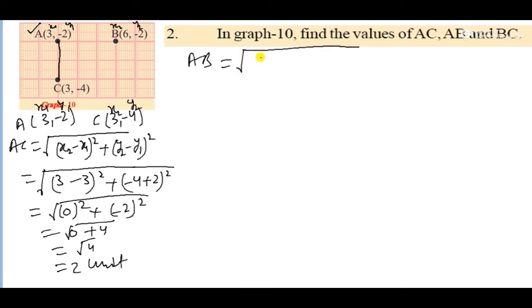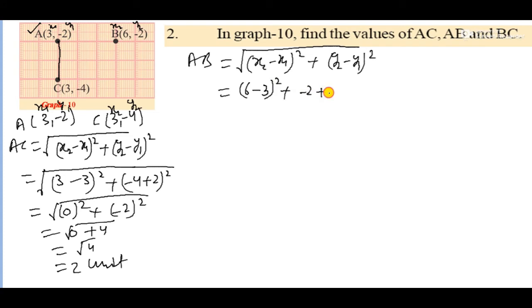It is your x1 and y1 and x2 and y2. So write down the formula in this. X2 is 3 minus x1 is 3 whole square plus y2 is minus 4, and y1 is minus 2, so minus minus plus and whole square.